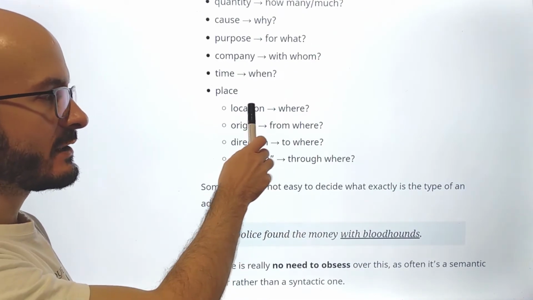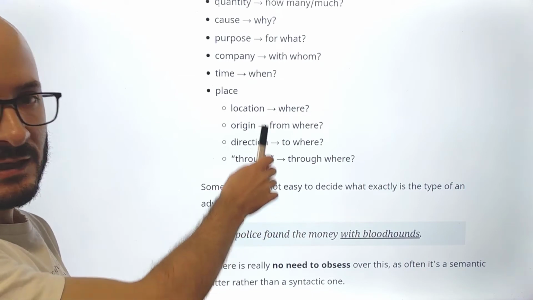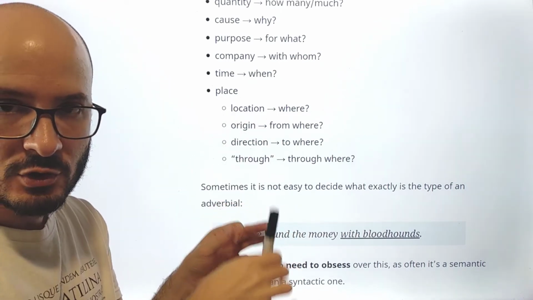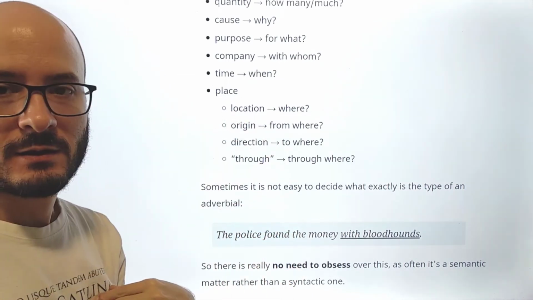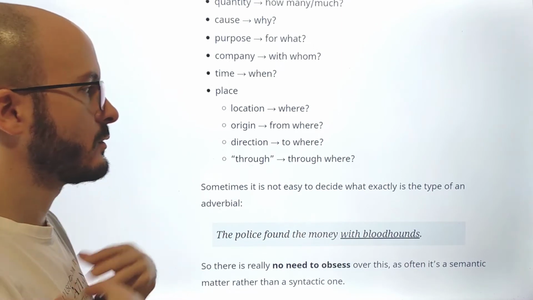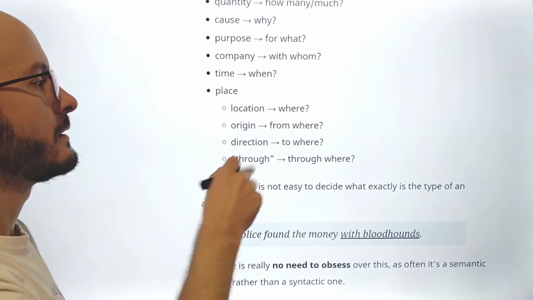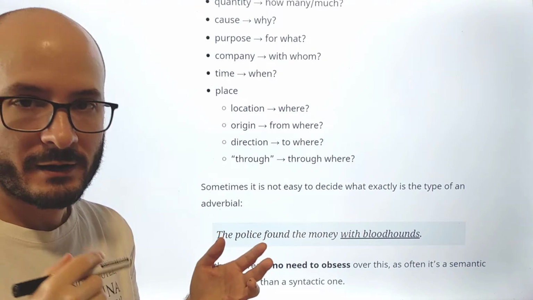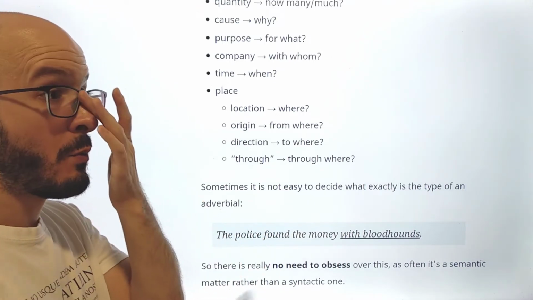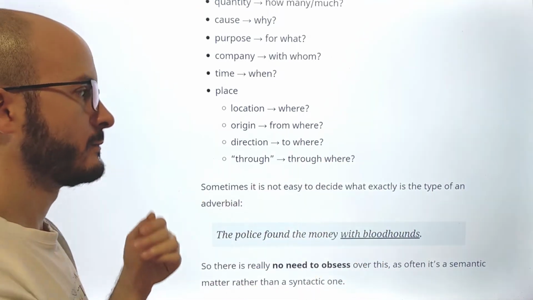We consider four types of place. The location, so where am I? I'm at home. I'm standing here. Origin: from where? Like, from where are you coming?